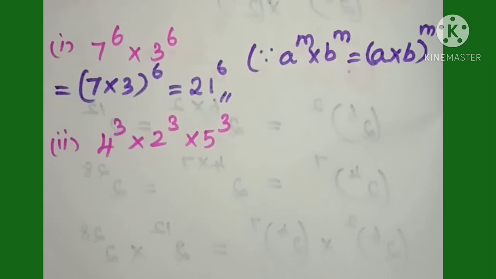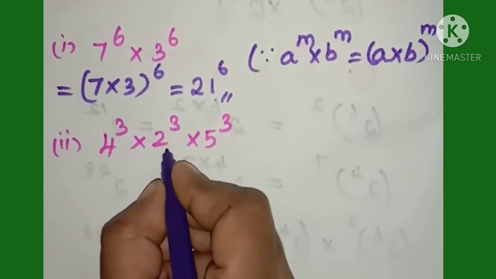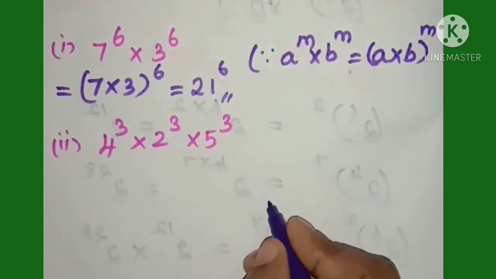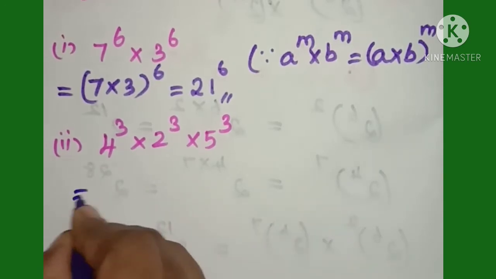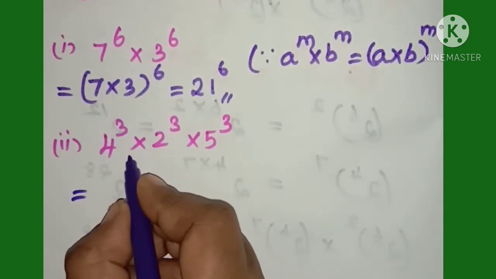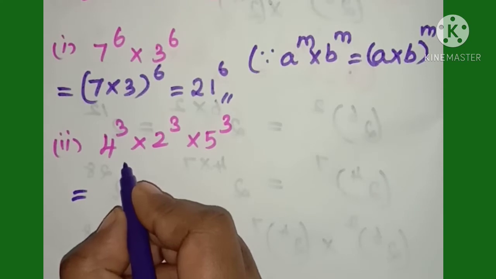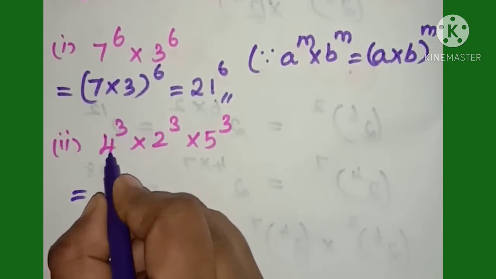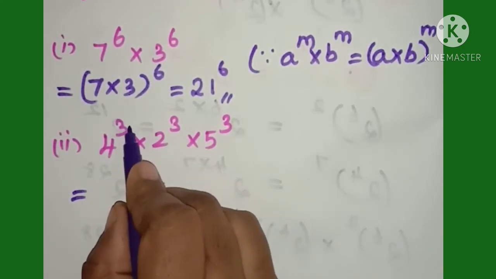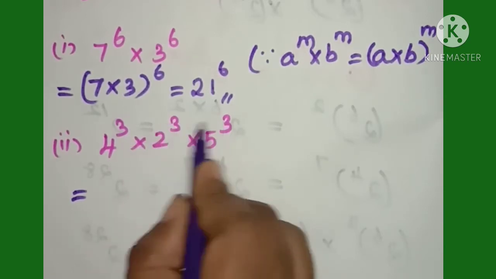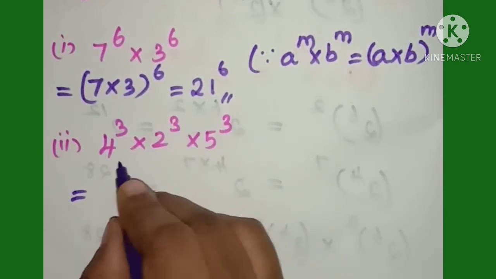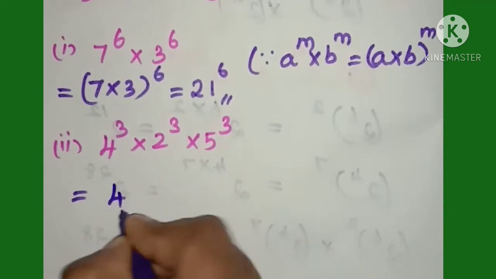And in the next problem, 4 cube into 2 cube into 5 cube, the rule extended for 3 numbers. Here we are using the power of a product rule. The bases are different, and if the exponents are the same, we can multiply the bases, isn't it?